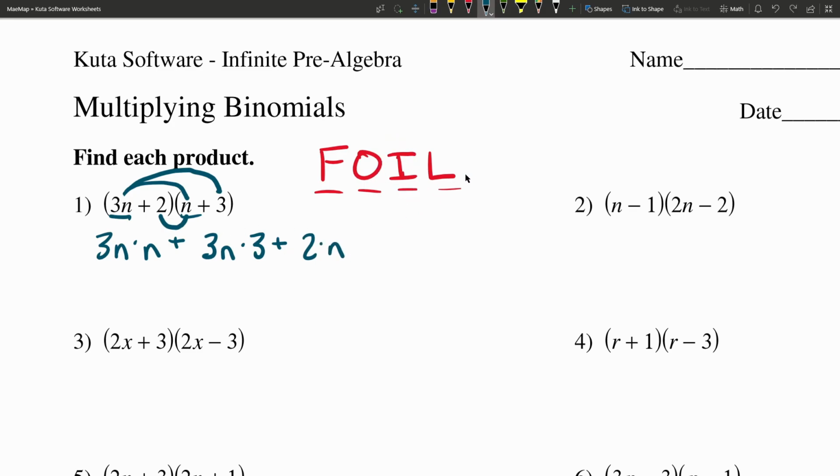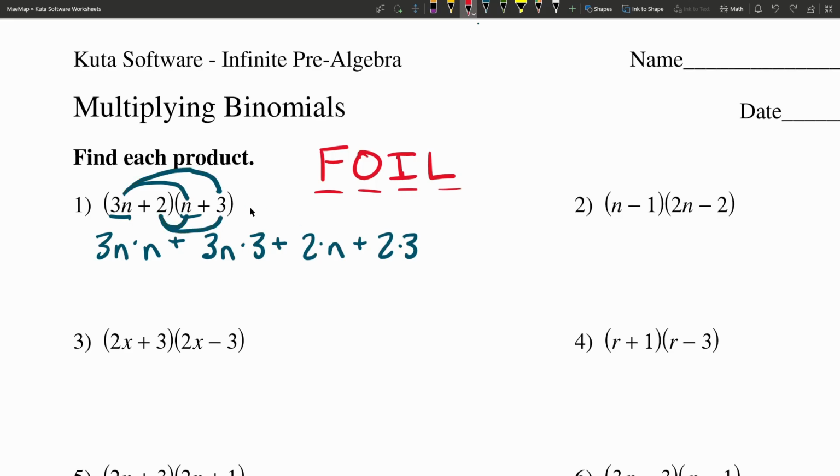Remember, I for inside. And then lastly, our last terms, 2 times 3. And I'm adding that because, just like with the distributive property, there was addition between all of these terms, so I know I'm adding everything together. So again, one more time, first, outside, inside, last.